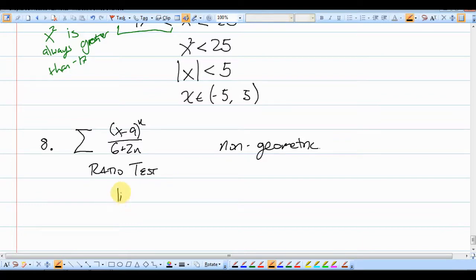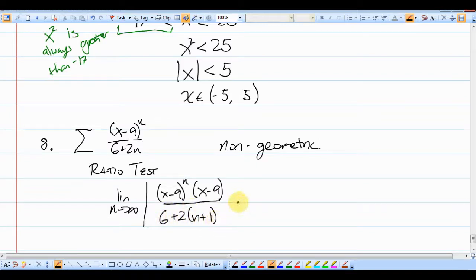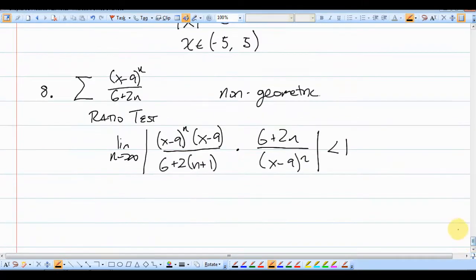Okay, so the limit as n approaches infinity of x minus 9 to the n times x minus 9, over 6 plus 2n plus 1, over x minus 9 to the n, over 6 plus 2n. Force that to be less than 1. Do some canceling.